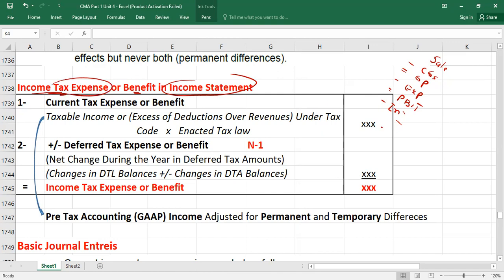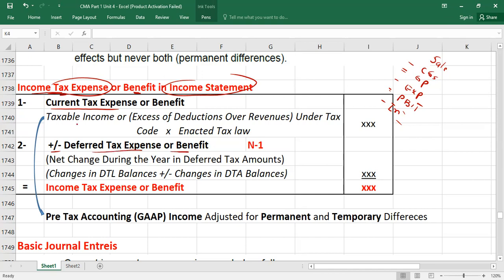Number one, we take the current year tax expense for this year. And then we plus or minus the deferred tax expense or benefit.